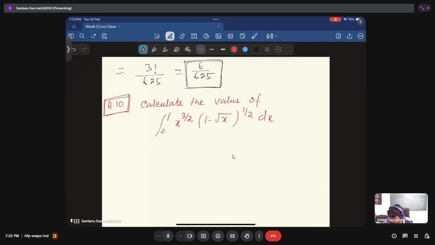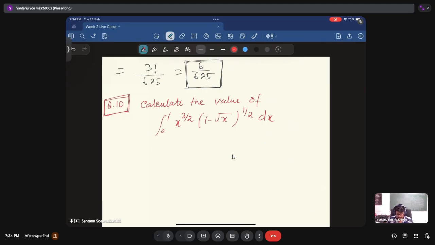So now first what we're going to do is some substitution, and then we'll try to change it into a beta function, because we can see that there is some similarity with the beta function, but it's not in the actual form of the beta function.